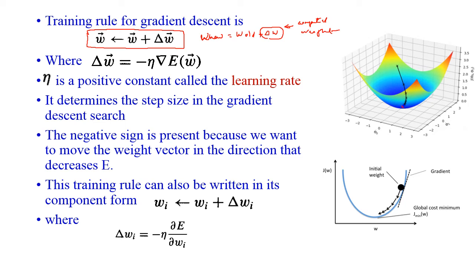With the help of the computed delta W only, we update the new weight, where delta W is minus n times ∇E(W).